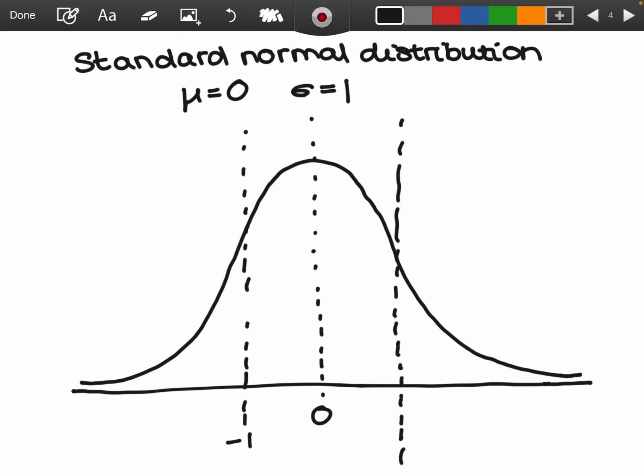Now, nowadays, it's not as big a deal because we use calculators. Not that long ago, within the last 10 years and before that, statistics tables were used in order to find probabilities using normal distribution. They're pretty easy to understand once you get the hang of it.